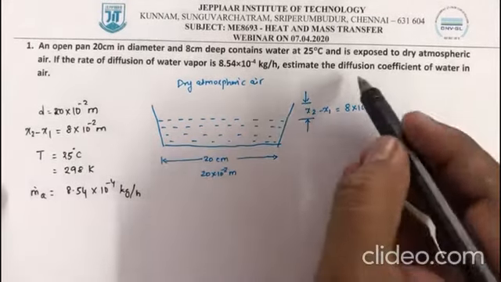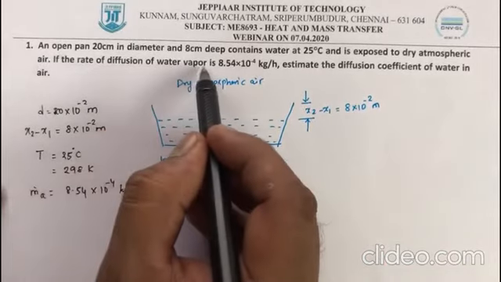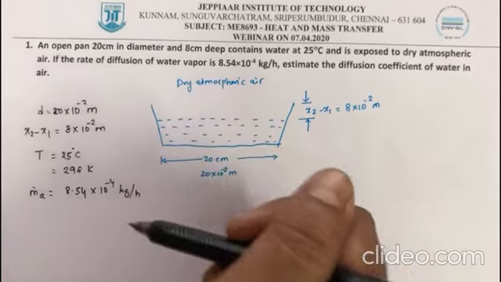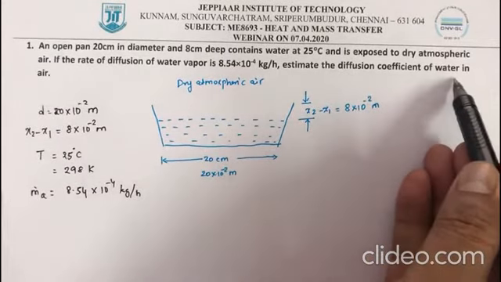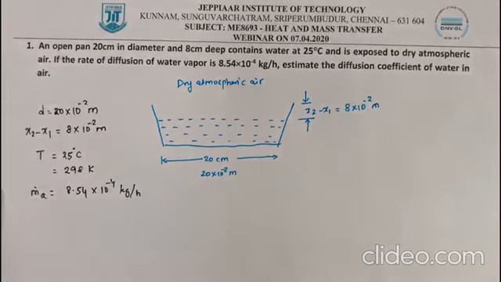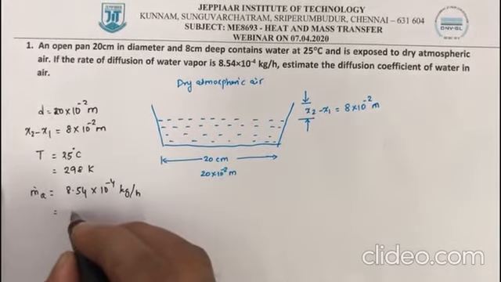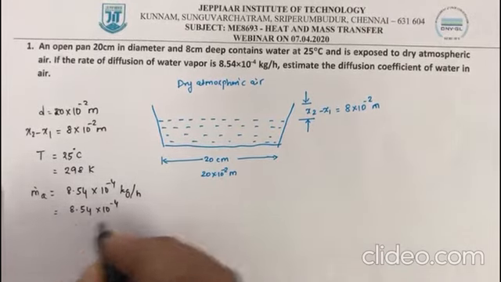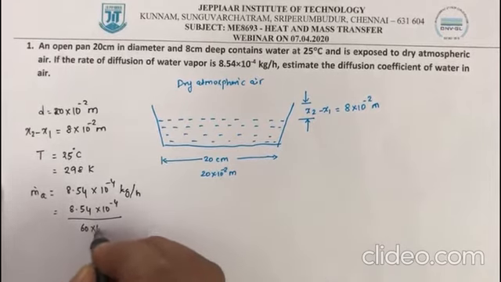When you say diffusion rate, the diffusion of water vapor is nothing but the mass flow rate of water vapor into the atmosphere. You have been asked to find the diffusion coefficient of water, which is capital D. So we have to convert this into kg per second, which can easily be done by dividing the whole thing by 60 minutes and 60 seconds.